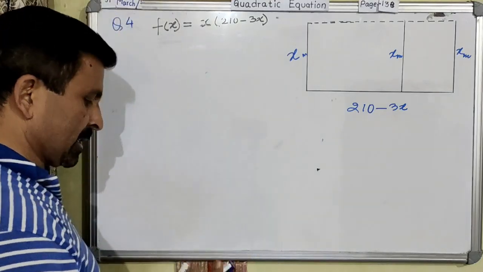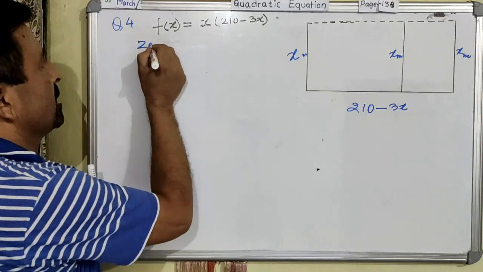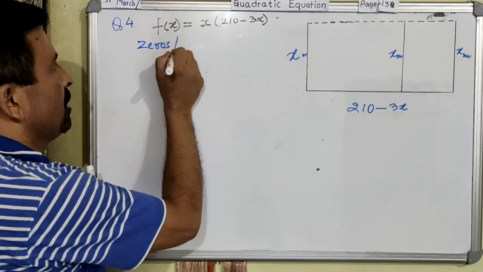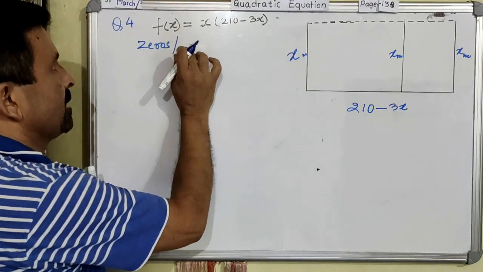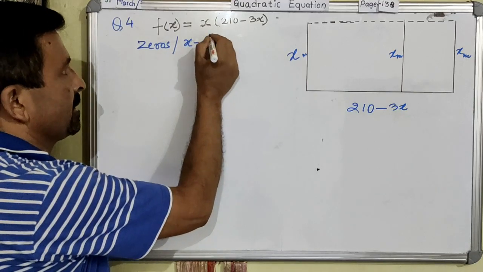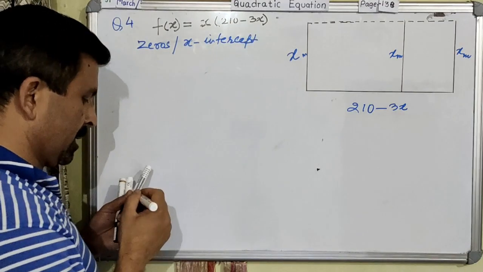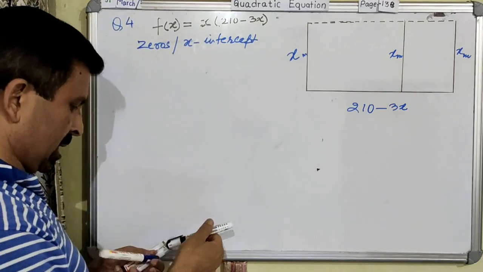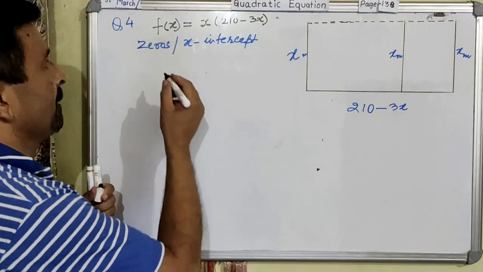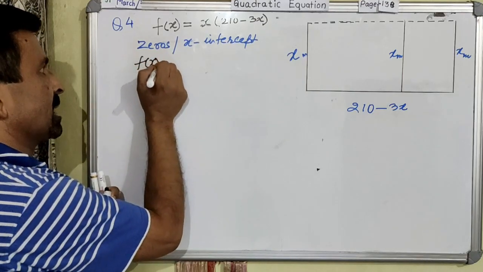We are going to find first of all the x-intercept, or we also call it the zeros. Now I am calculating the x-intercept. When you are calculating the x-intercept, always assume f(x) is equal to 0.